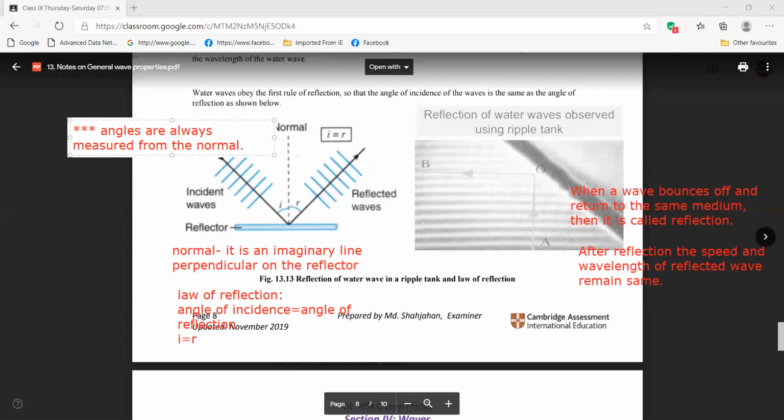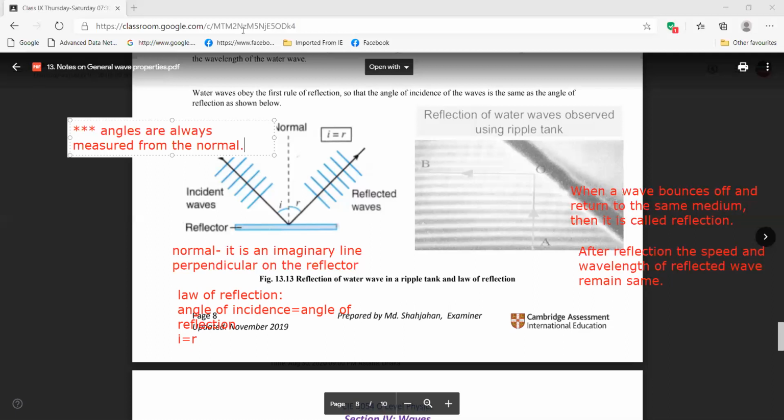We already got all the things related to reflection. So reflection is done.